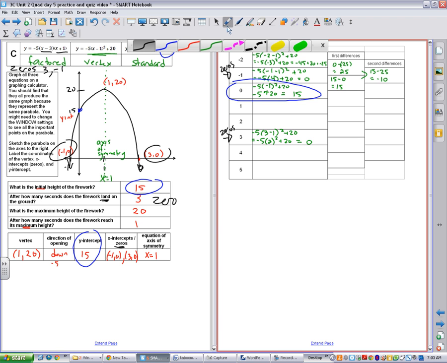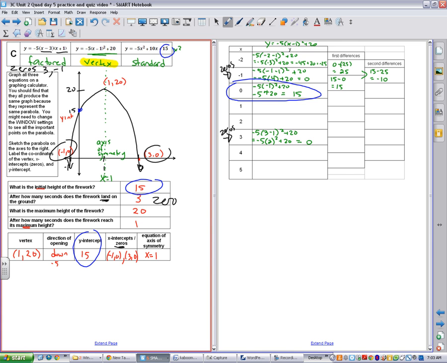Also, I can notice that I have the vertex form. So the vertex form has the value x minus 1 squared plus 20. So my vertex should be switching the value in the bracket, 1. The value outside the bracket stays the same, 1 comma 20. And indeed, when I look at the vertex that I found, it is 1 comma 20.